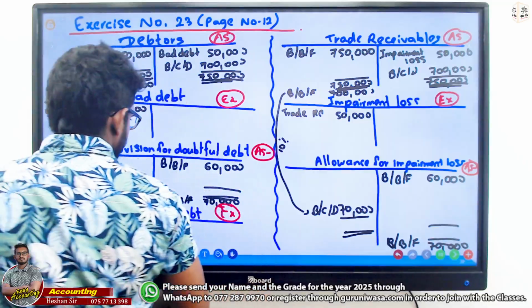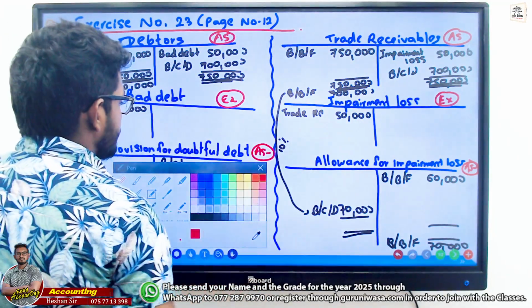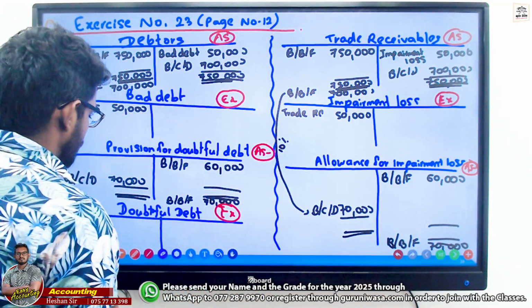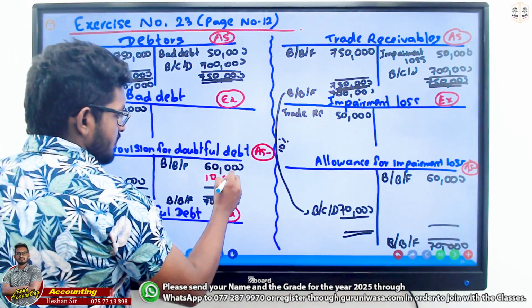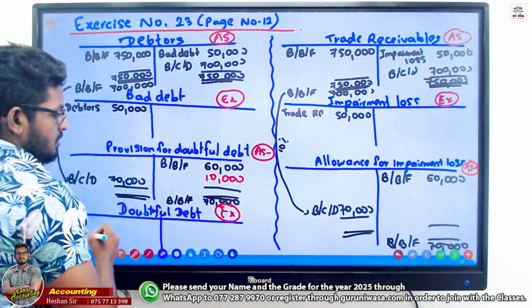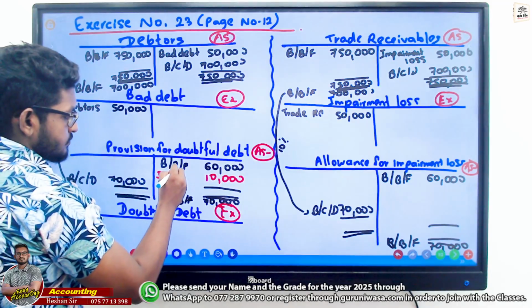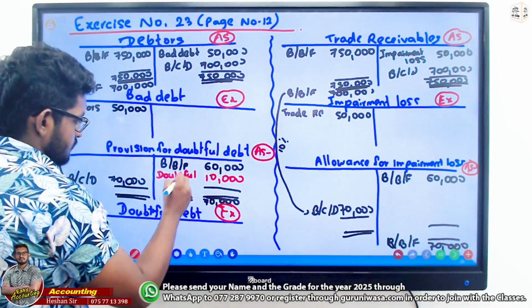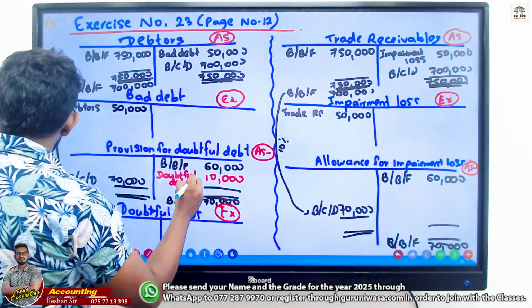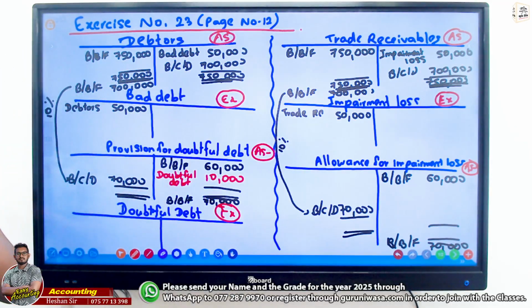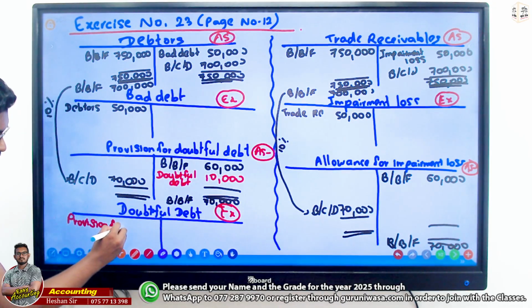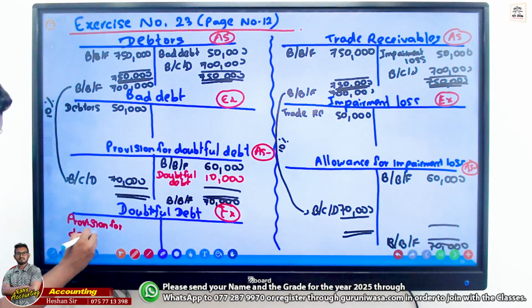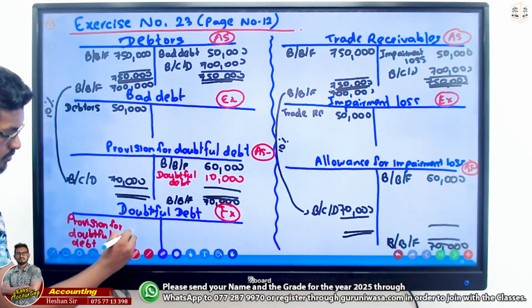How we identify. Now in the case of under provision, 10,000 we write under here as doubtful debt. In here, provision for doubtful debt 10,000.